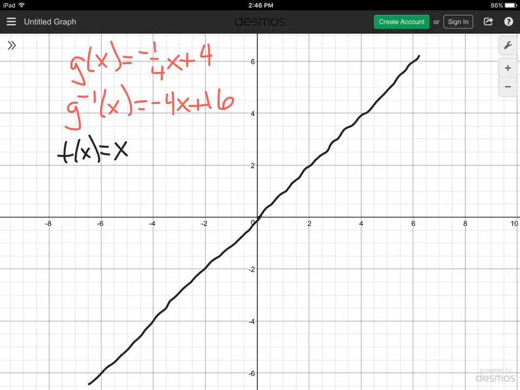So here's the other example we used to find the inverse of a function. And this is just another way to check your work. So let's plot these two. So there's 4. And we're going to go down 1 over 4.